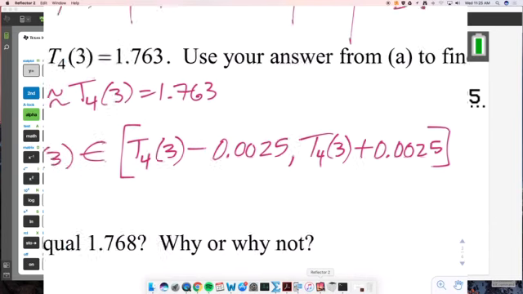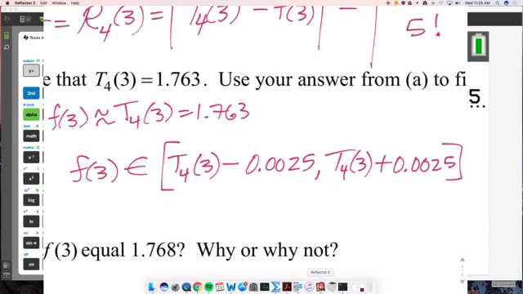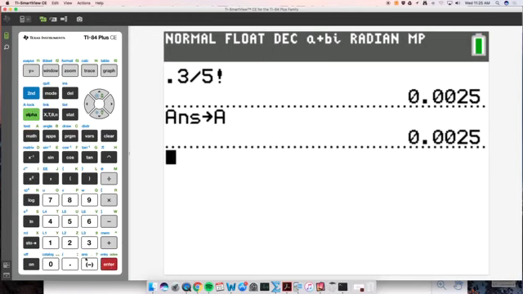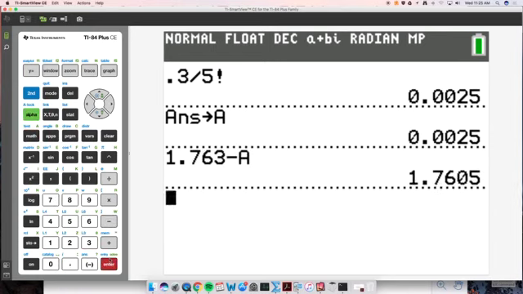So let's go ahead and see what that actually is. We can say f of 3 is going to fall between, and using brackets is fine. I'm going to store this as alpha A, so I don't have to type it. And then we take our number of 1.763, and we subtract the error bound to get a low point, 1.7605.